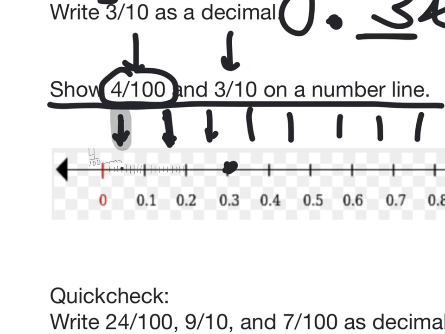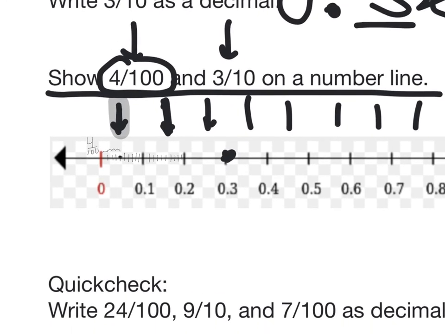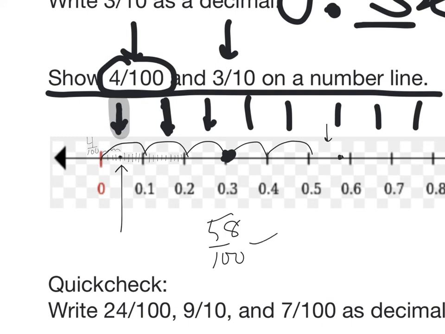So 4/100ths, once again, is right there. 58/100ths would be after 10, 20, 30, 40, 50, and I'd have to split this section into 8, so it'd be about right there. That would be about where 58/100ths is.